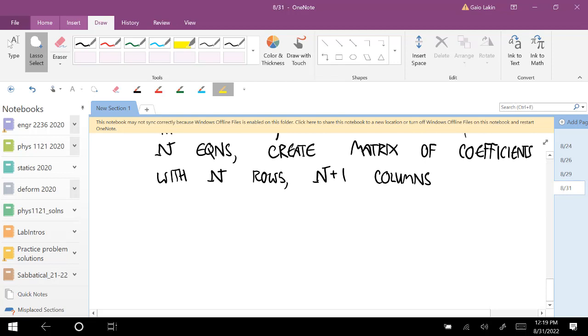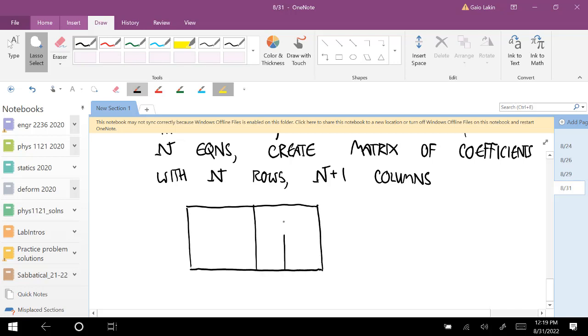Okay, so here's how we're going to do this. So n rows, n plus 1 columns. We have 3 equations and 3 variables in our example, so we're going to have 3 rows, 4 columns. The rows represent the equations, so that's equation 1, 2, and 3.